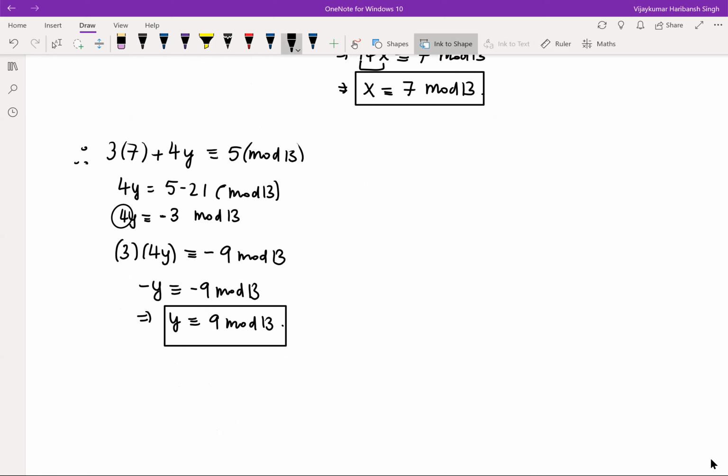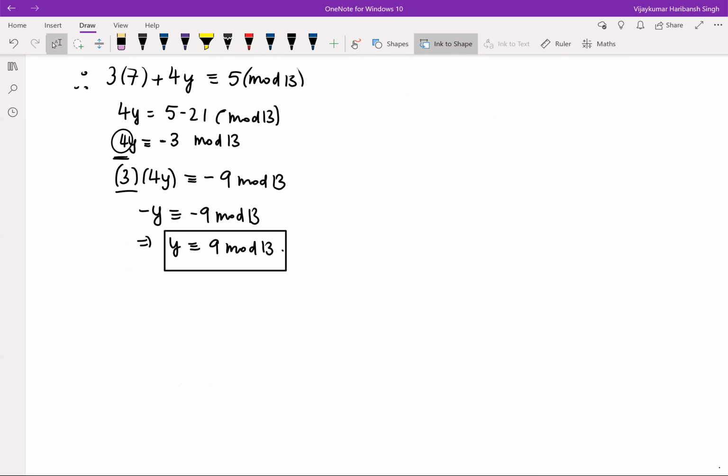Now, you see here we did this and we had to get to the inverse of 4. So now let's generalize this for any two linear equations.